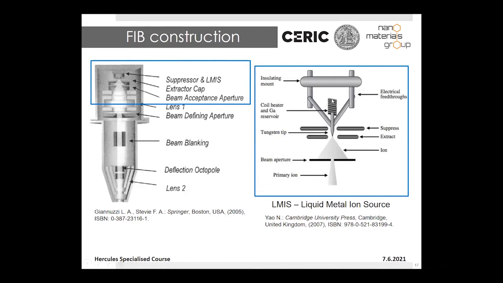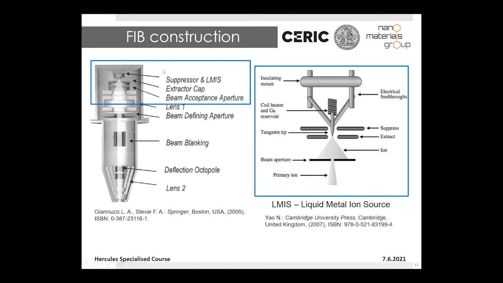Gallium is in liquid form. Down there is a tungsten tip. Gallium is heated in here, and it's going down through the tungsten tip, and on the very edge it forms a very small tip, where it is then emitted by the extractor.